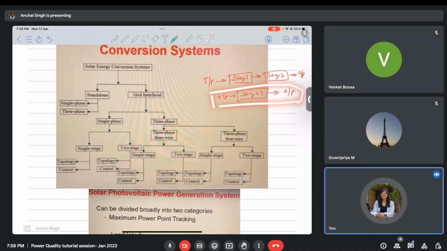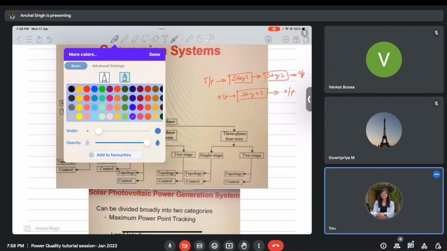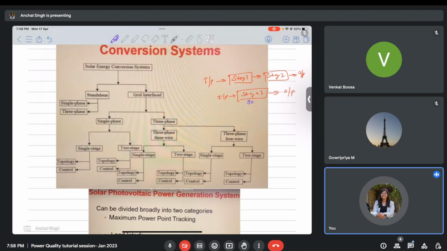And another reason we don't prefer multiple stages is because of the losses. There are always losses in these systems. So if I tell you numerically, if this system is operating at 90% efficiency and each of these two stages is operating at 90% efficiency, then this single system will have an efficiency of 90%, and this cascaded system will have an efficiency of 90% into 90%, which is 81%.